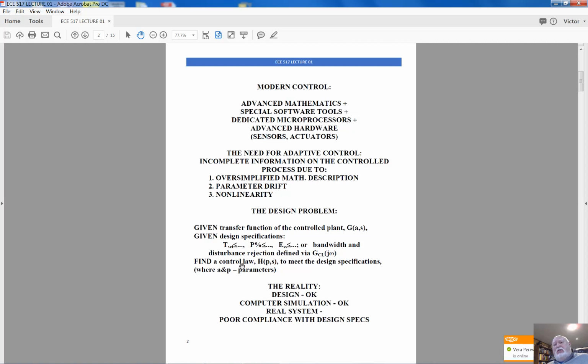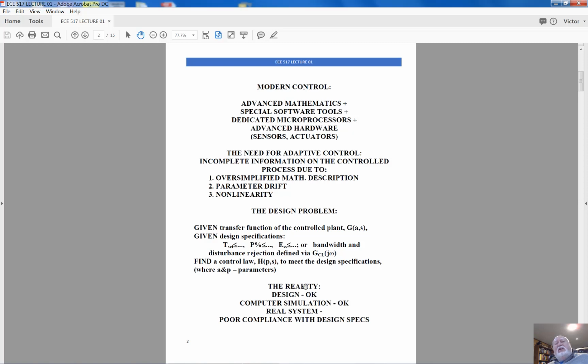And we do it by design of a control law. And the controller H of P has to be designed so that the overall closed loop system would meet the design specifications. You saw this problem in 361 class, you saw this problem in 462 class, and you're used to this definition of the design problem.